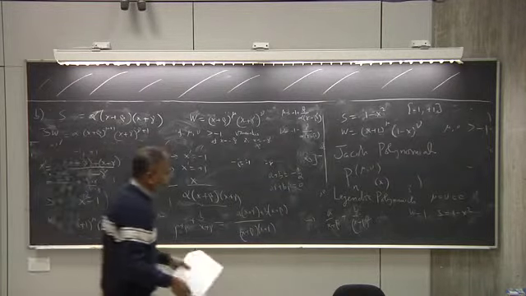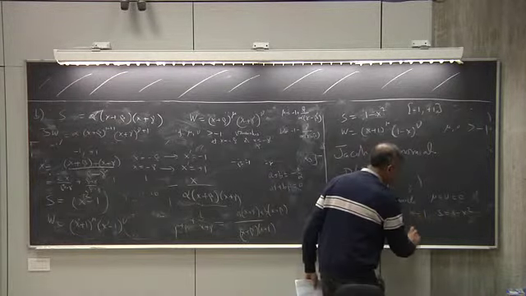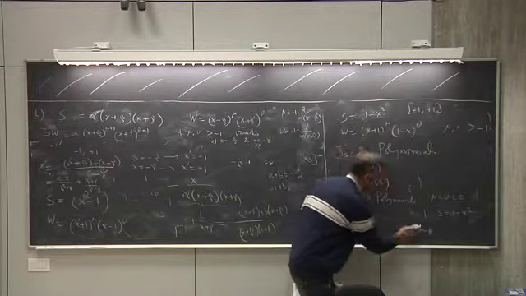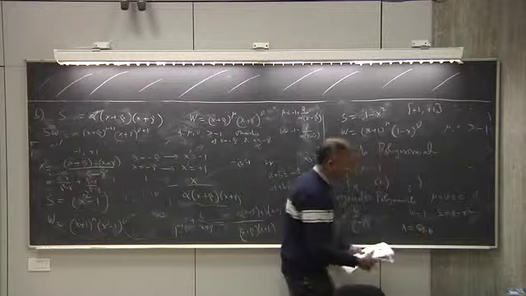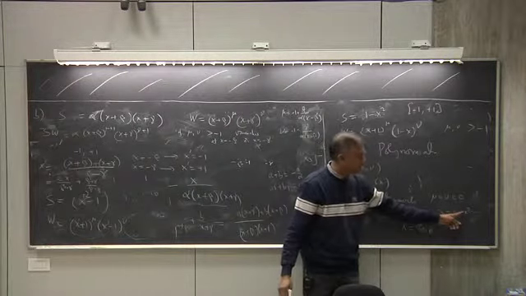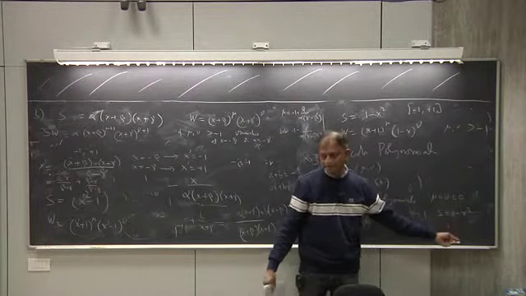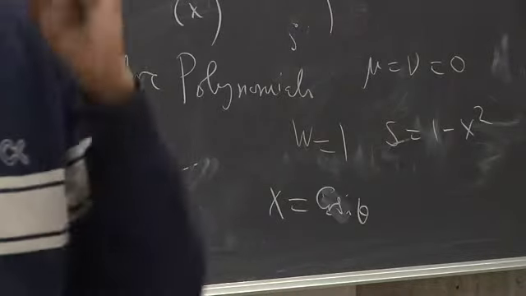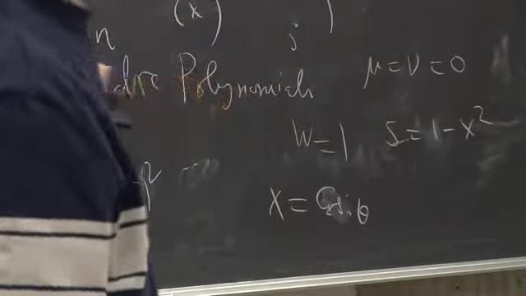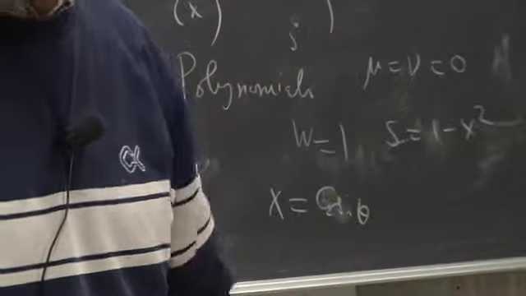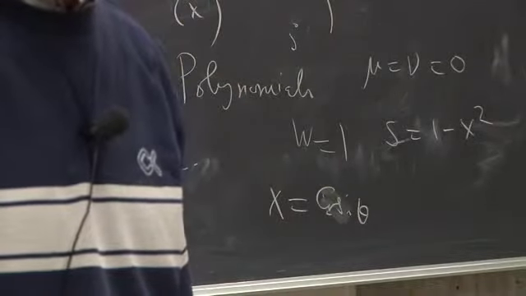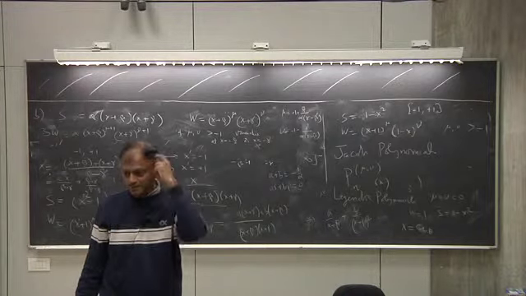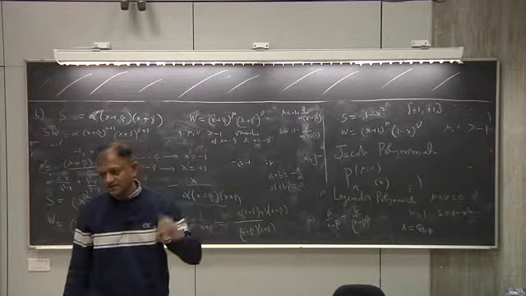You write x as sine theta or cos theta, doesn't matter. Then S is 1 minus x squared, so it's sine squared theta. So everything can be expressed in terms of theta. And this is not the associated Legendre polynomials, these are the normal Legendre polynomials, which corresponds to choosing m equal to 0. If m equals 0, it's the same as the normal Legendre polynomials.